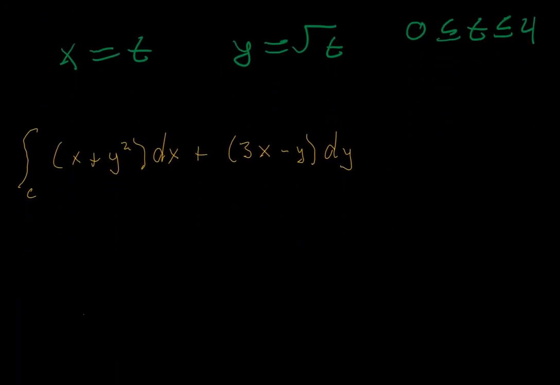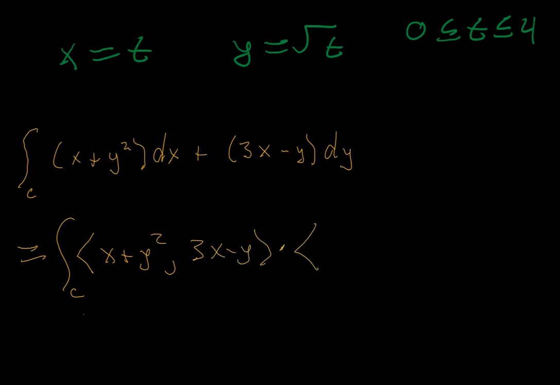So let's go into our line integral and let's set it up properly. Okay, here we go. So this line integral is equal to x plus y squared, comma 3x minus y, dot product velocity vector, which was 1 comma 1 over 2 root t, with respect to t.